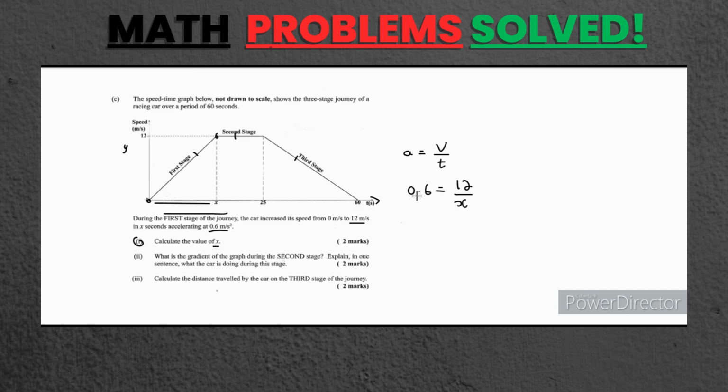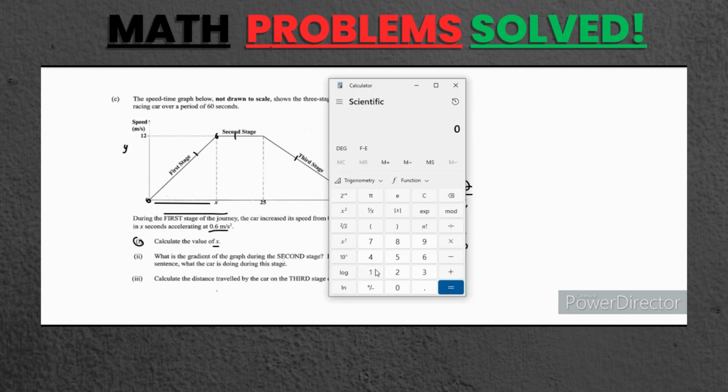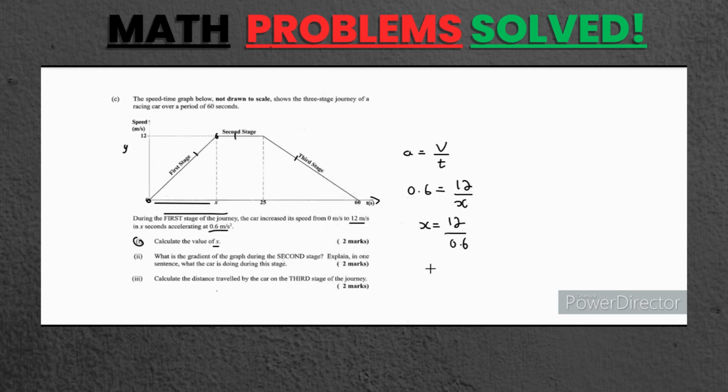If we swap 0.6 and x, it will become 12 over 0.6, right? If we take the calculator and divide 12 by 0.6, it will become 20. x will be 20 seconds. Time will be 20 seconds for the first stage.